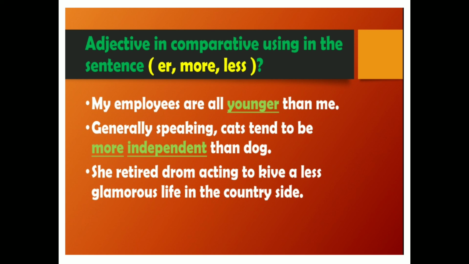So for example: my employees are all younger. So younger is the comparative adjective. From the word young, usa ra man gid siya ka syllable, so we add er. Next is more independent. So independent is more than two syllables.